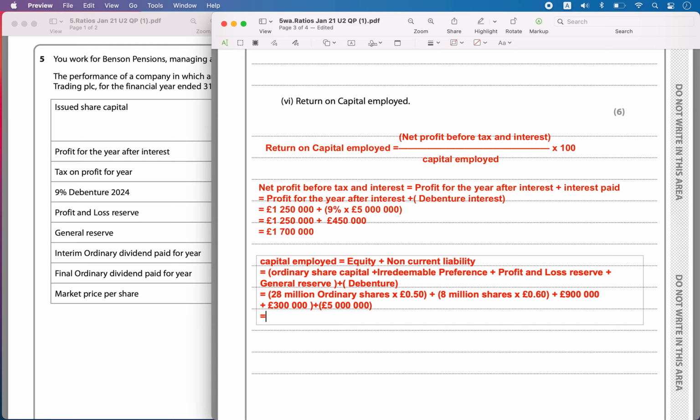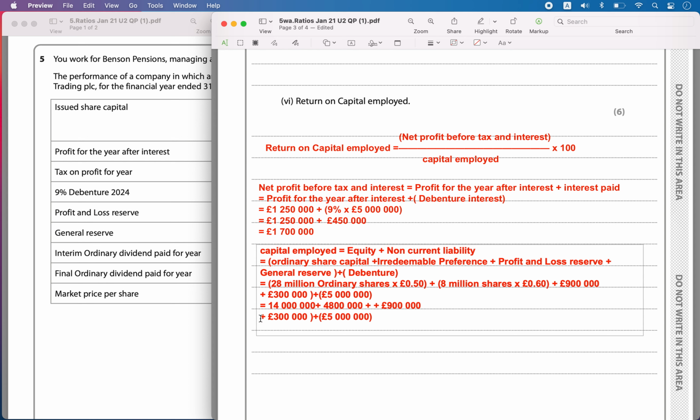So 28 million into 0.5 is equal to 14 million. So 14 million pounds worth of ordinary share capital plus 8 million into 0.6, and you have the rest of the stuff the same.